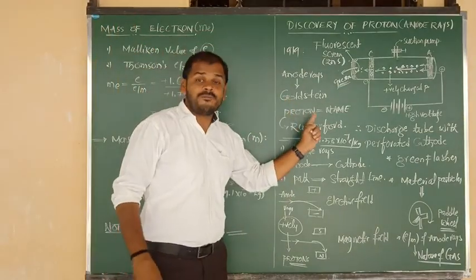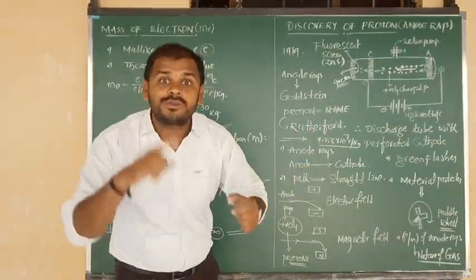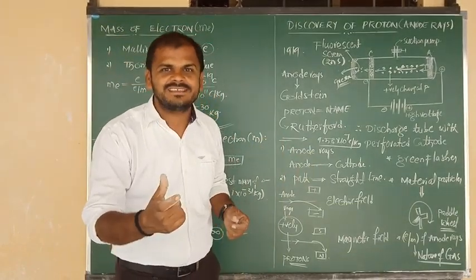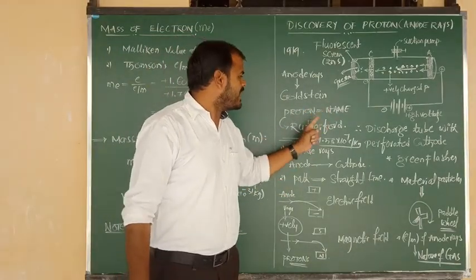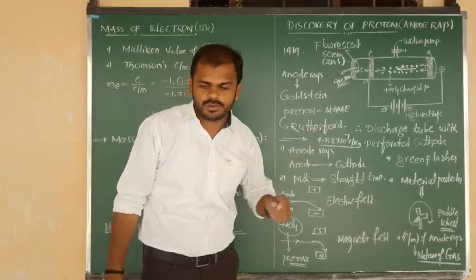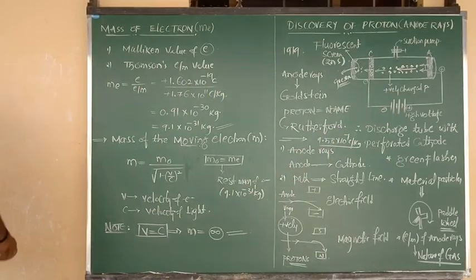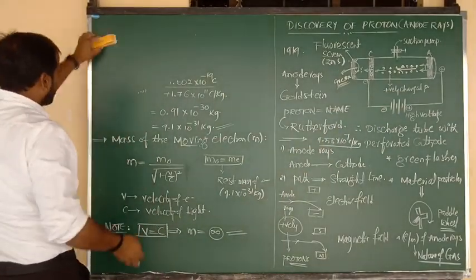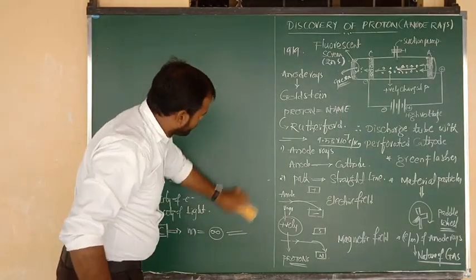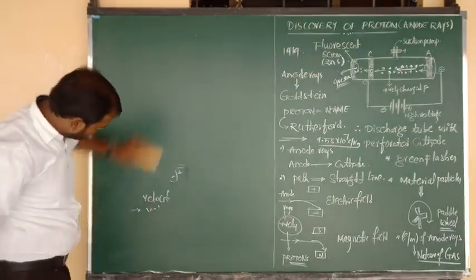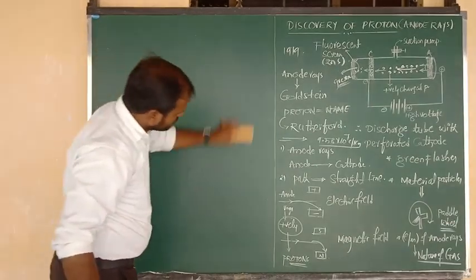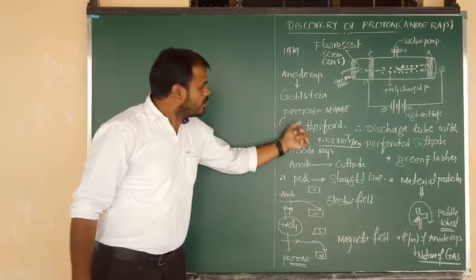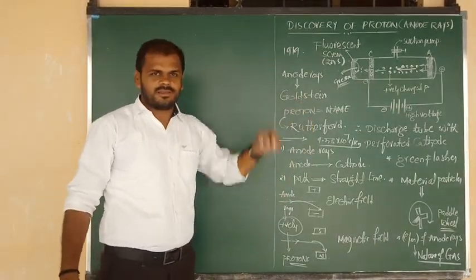And he suggested the name of proton by using a chemical reaction. Proof is also there. Sir, what is that chemical reaction? To say that the name of proton was given by Rutherford, that reaction I am going to tell you now. Let me consider how Rutherford obtained the proton.